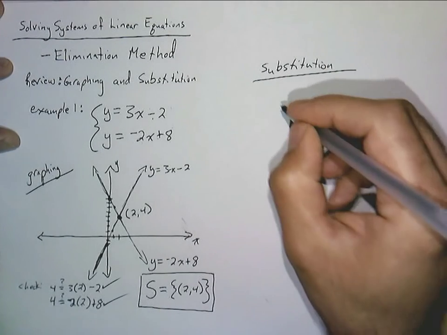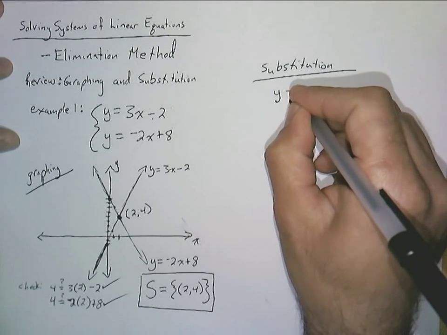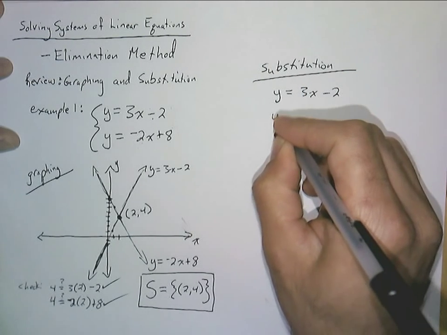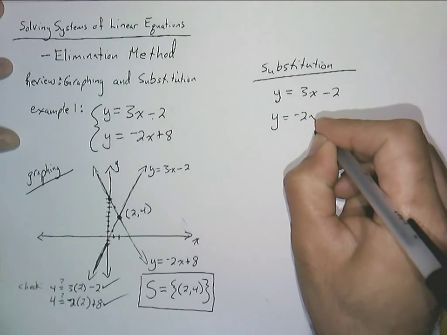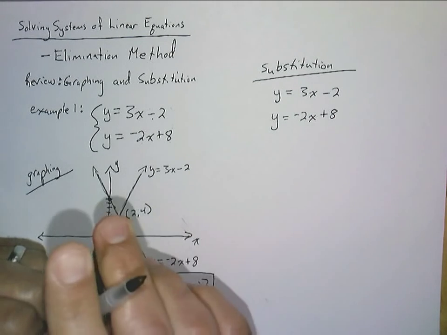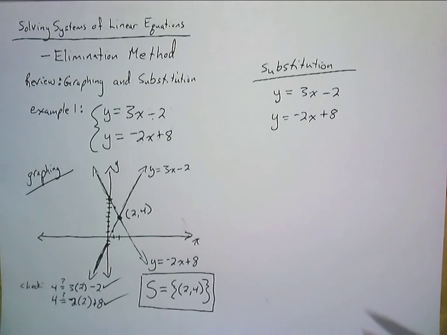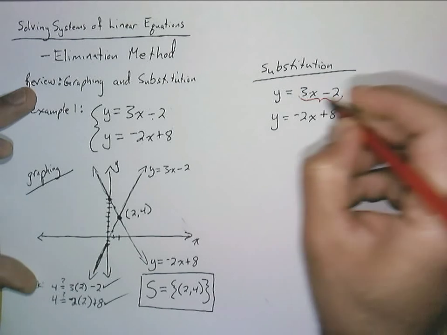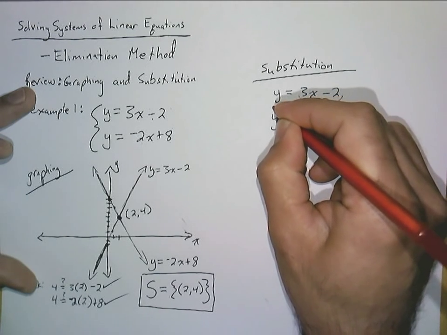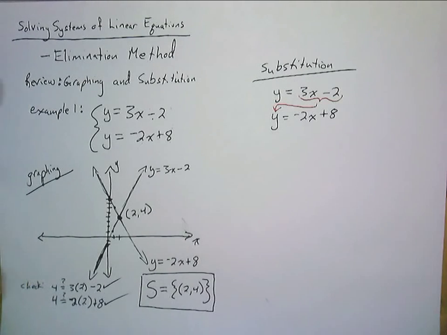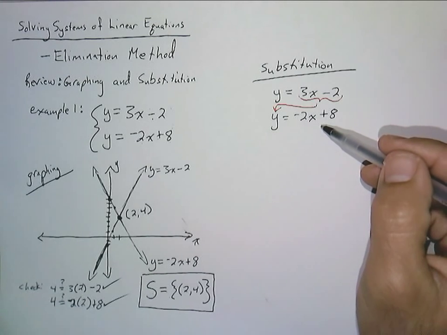With substitution, we have y is equal to 3x minus 2, and y is equal to negative 2x plus 8. The whole idea is that we're going to substitute this other name for y into this second equation. Of course, it doesn't matter where you go; if you have it solved for x, you can substitute in the other name for x.